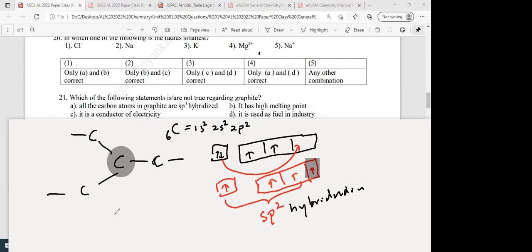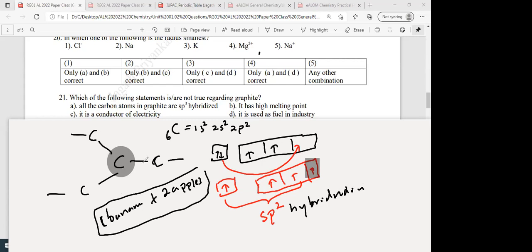To make 3 bonds, 3 unpaired electrons combine and separate. Example, you have 1 banana and 2 apples. Now you want to share this with 3 of your friends, to give the same quantity, same taste.